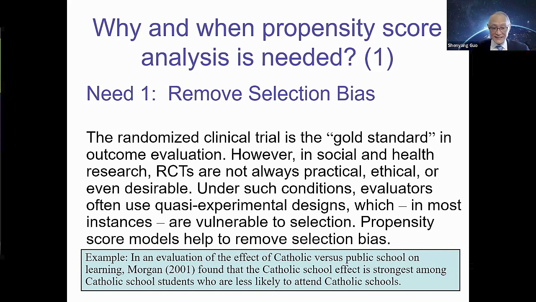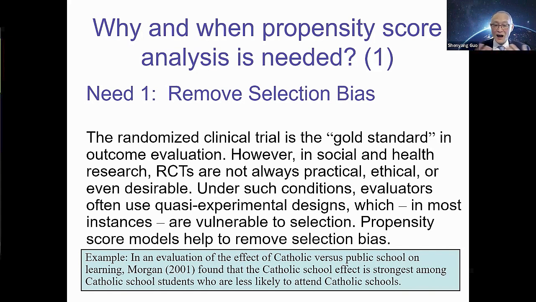In most instances, we have a problem of selection bias. Here is an example by Steve Morgan in 2001. He used propensity score matching to evaluate the function of Catholic schools.